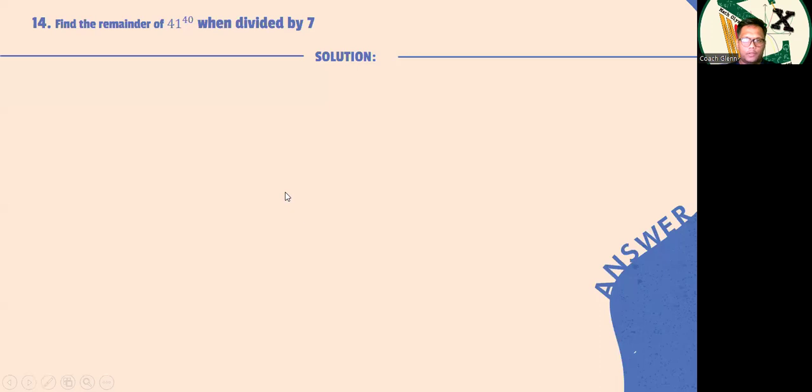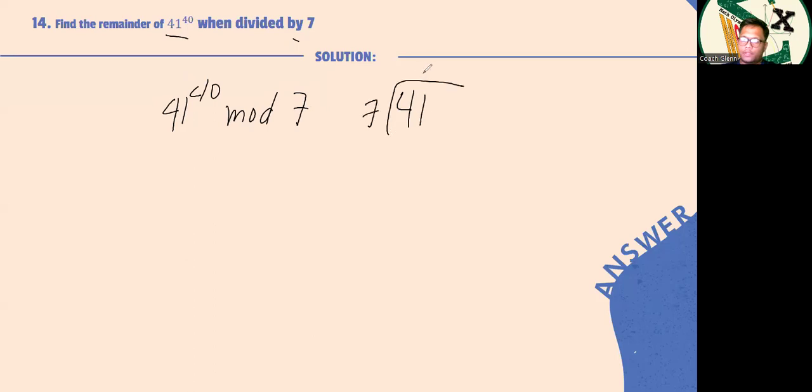Find the remainder of 41 raised to 40 when divided by 7. So we want to get 41 raised to 40 mod 7. Again, the first thing that we can do is first get 41 divided by 7. So that's going to be equal to 6 times 7. 6 times 7, that's around 42.